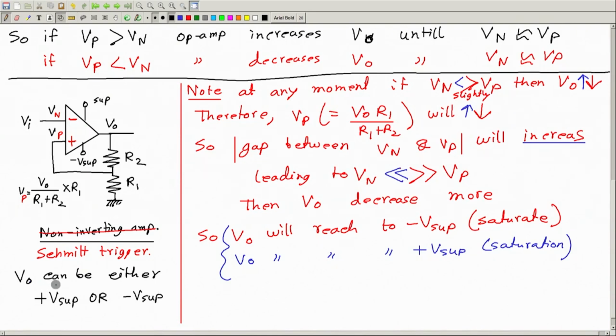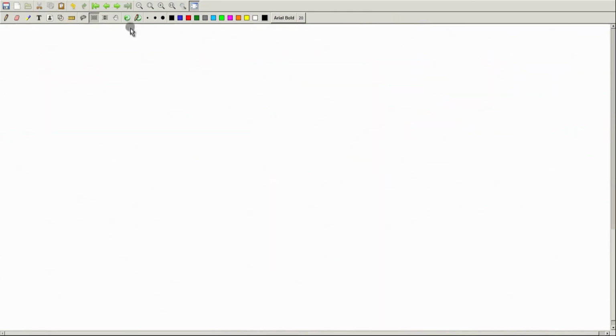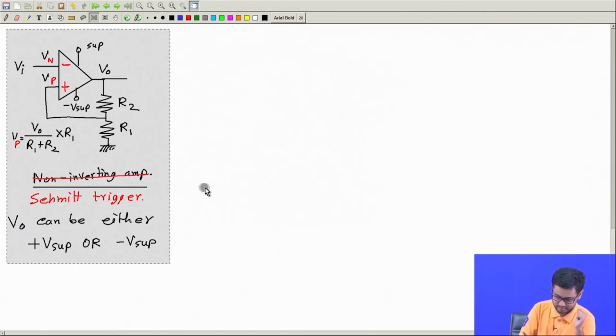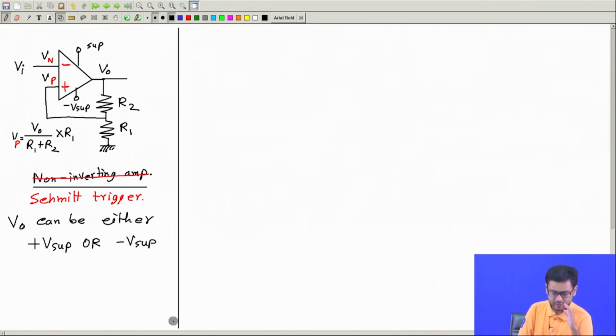Okay. Now let us continue with this circuit. So now let us take some concrete example.